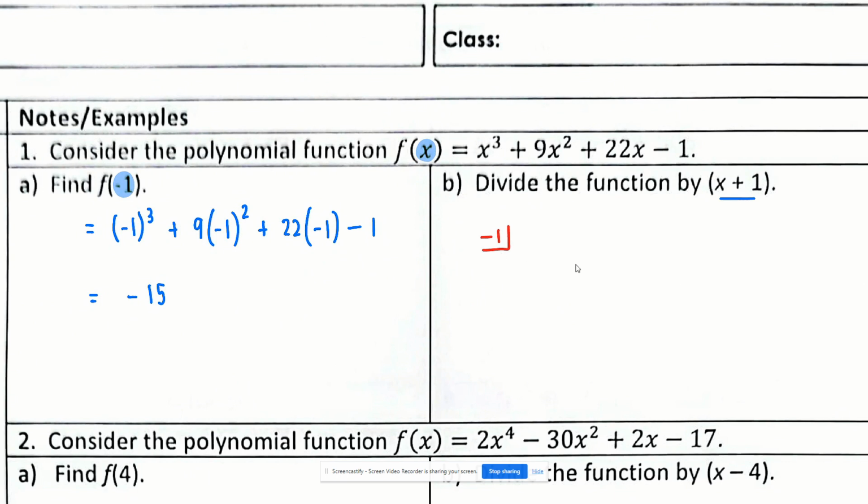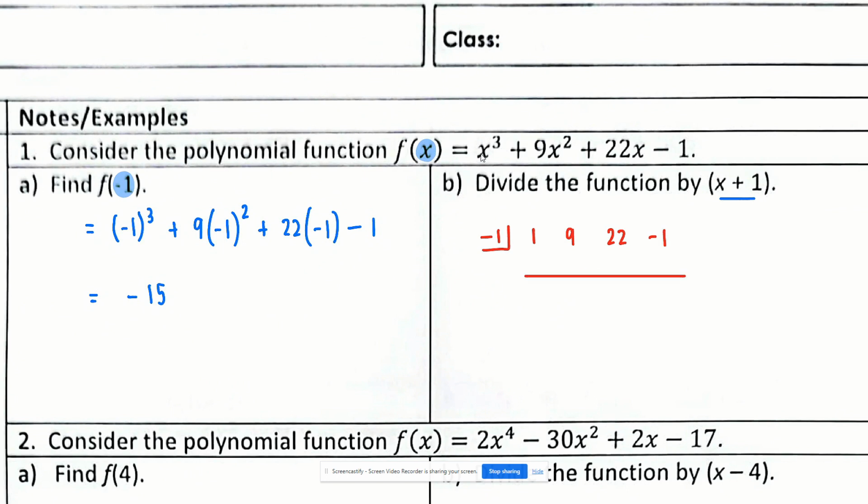So if I use synthetic division to divide this, remember, you start with your x cubed. This is what we're dividing. This is our dividend. X cubed is my biggest exponent, and its coefficient is 1. Then we work our way down. We did this yesterday. X squared's coefficient, 9. X's coefficient, 22. All the way down to our constant, which is negative 1.